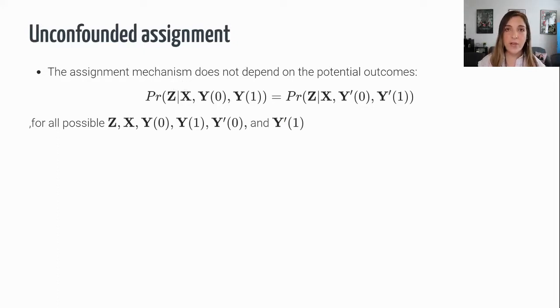If this is conditional on the covariates of the units and the vector of potential outcomes, if I change those vector of potential outcomes, basically the probability stays the same because they're independent from each other. And this is for all possible values of the treatment assignment, of the covariates, and the potential outcomes.